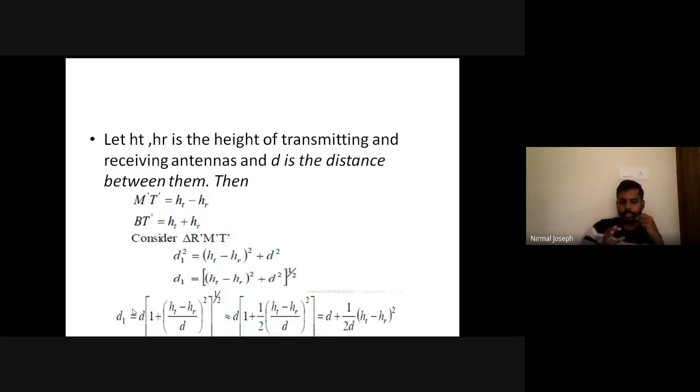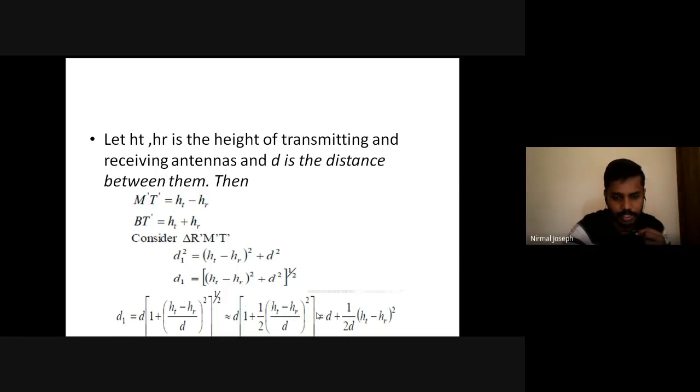So in such cases, based on polynomial expansion, we can reduce these kinds of equations. Equations of the form 1 plus x square all raised to the power 1 by 2 we can reduce, so that the power 1 by 2 can be taken directly into this portion. Okay, that is a standard result.